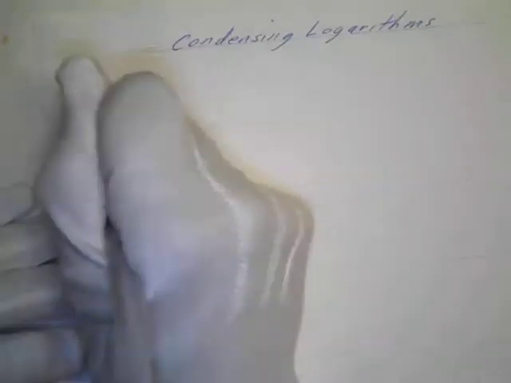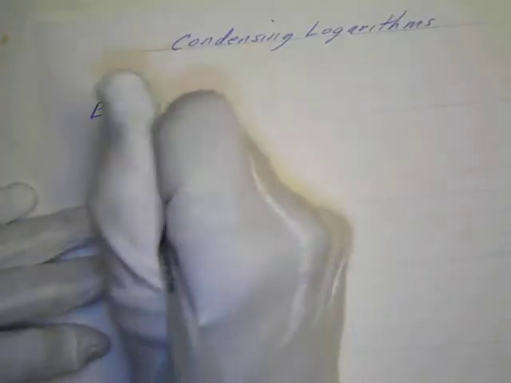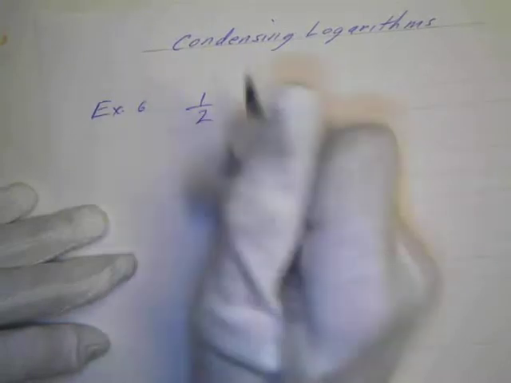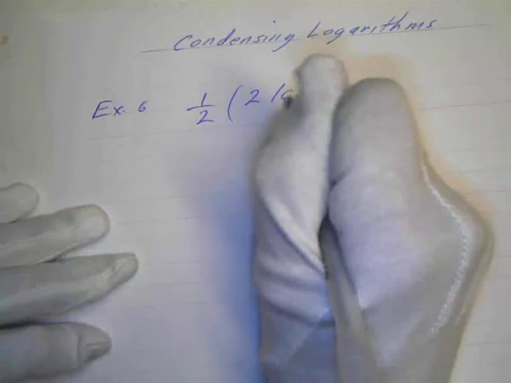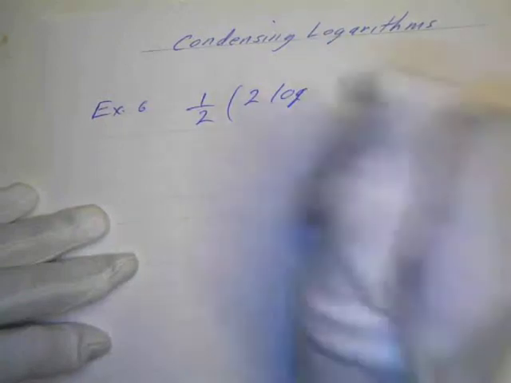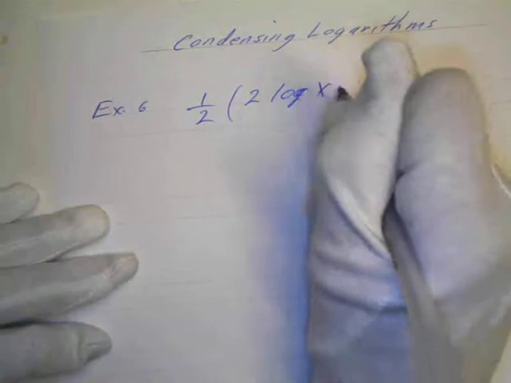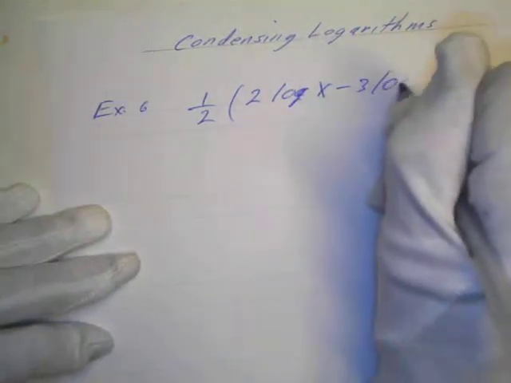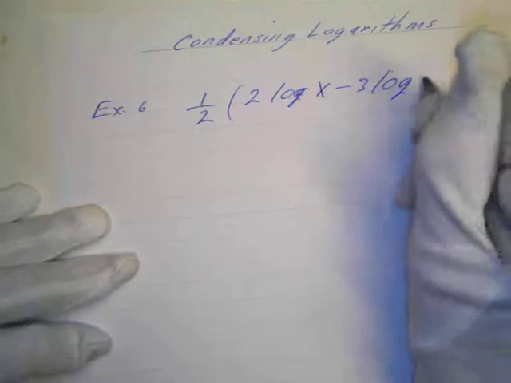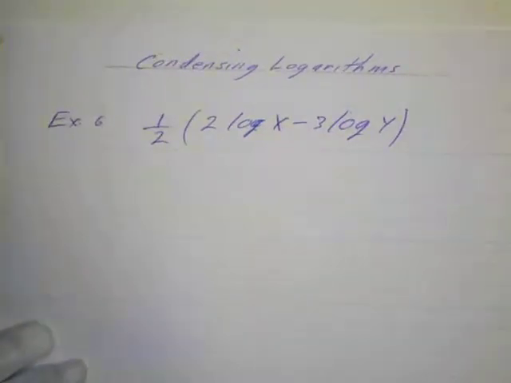This is example 6: one half times log to the base 10, I guess, of x minus 3 log to the base 10 of y. Okay?